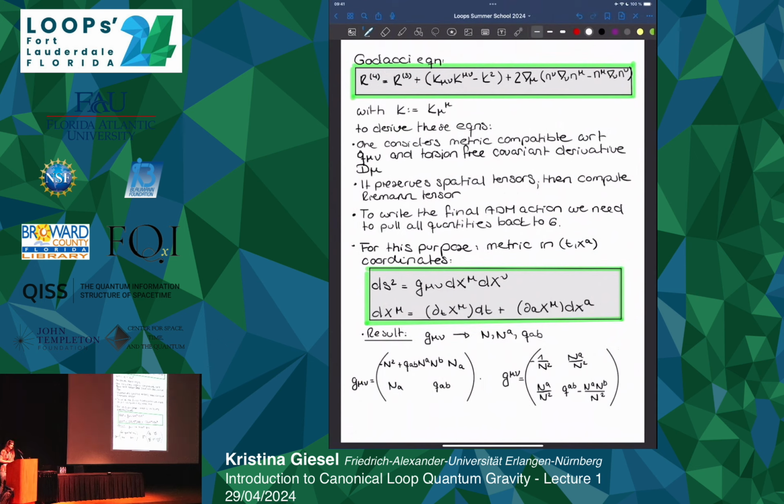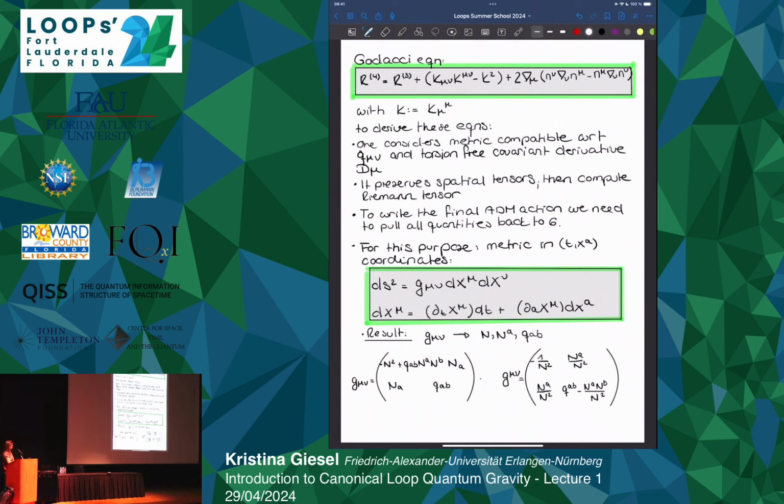Given that, we have more or less everything available in order to write the integral of the Einstein-Hilbert action adapted to our slicing. And in order to finally do this, we also want to express the metric in terms of t and x^a coordinates.